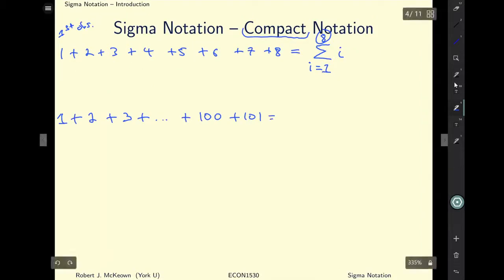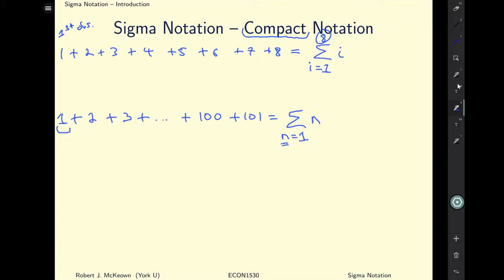Looking at the bottom example, I'm going to start by drawing the sigma sign. I want to know where this series is going to begin. Well, it begins at 1. So maybe I'll call this series n to be a little bit different, also a common name for a series. So we're going to start at 1. I've called it n here, so I'm going to put my n right there.